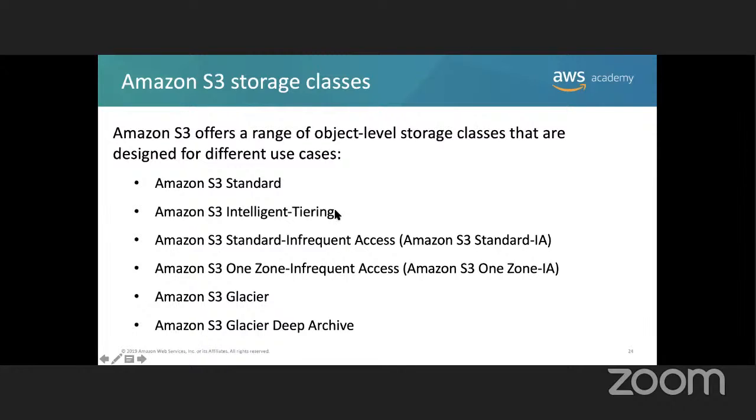This is a storage class designed to optimize costs by automatically moving the data to the most cost-effective access tier without performance impact or operational overhead. If it perceives that the data is frequently accessed, it moves it to S3 Standard.